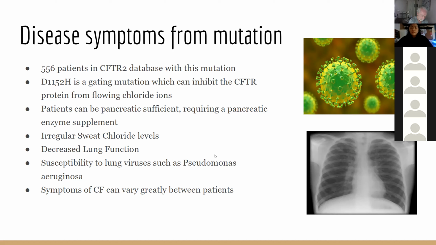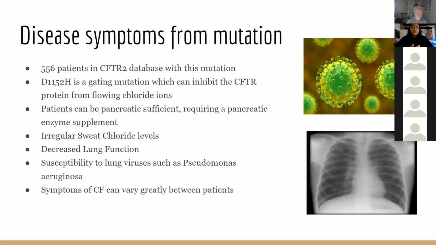Patients with our mutation can also be pancreatic sufficient, and this would require them to take a supplement, a pancreatic enzyme, to help mediate this. Patients with our mutation can also experience irregular sweat chloride levels, with the average being 44 milliequivalents per liter.